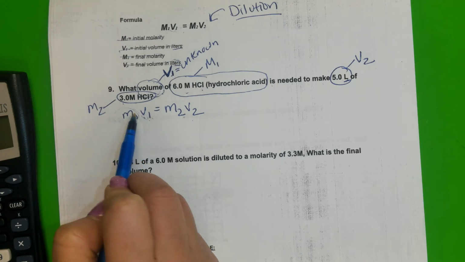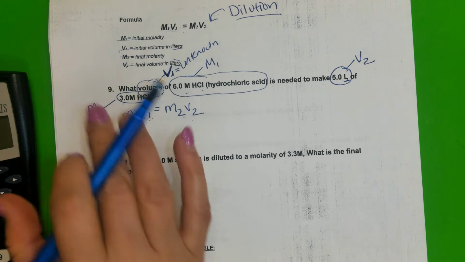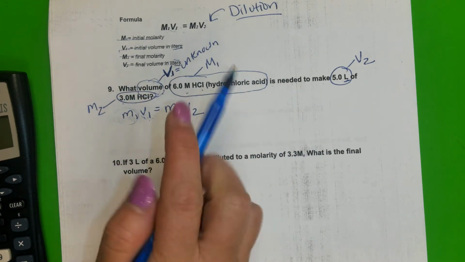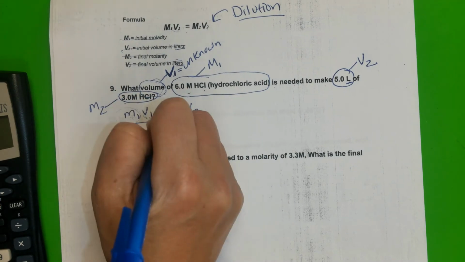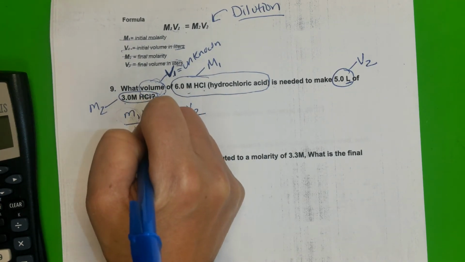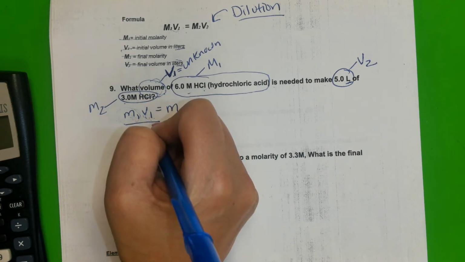If it's multiply, you divide. If it's division, which is not the case here, then you multiply. If you add, then you subtract. If you subtract, then you add. So in here, you divide by M1, because that's the one we want to move. We want V1 by itself on the other side of the equal sign.